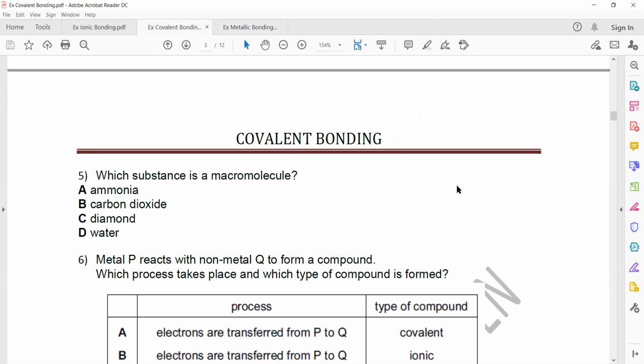Which substance is macromolecular? Macromolecular means giant. Diamond has a giant structure.